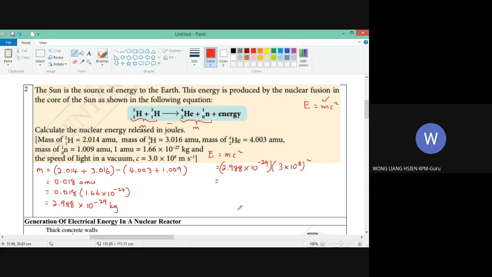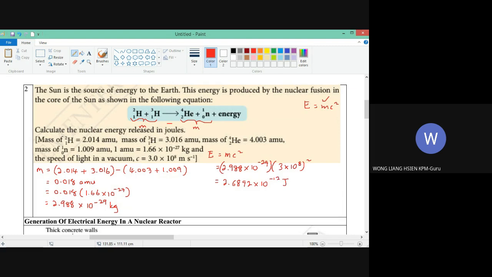So we get 2.6892 times 10 power negative 12 joule. Okay? So this is the amount of energy released from the fusion of one deuterium and one tritium.